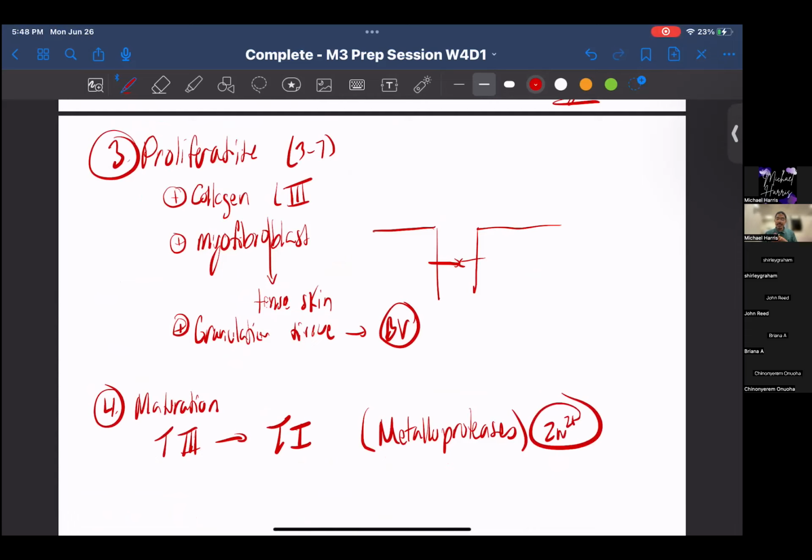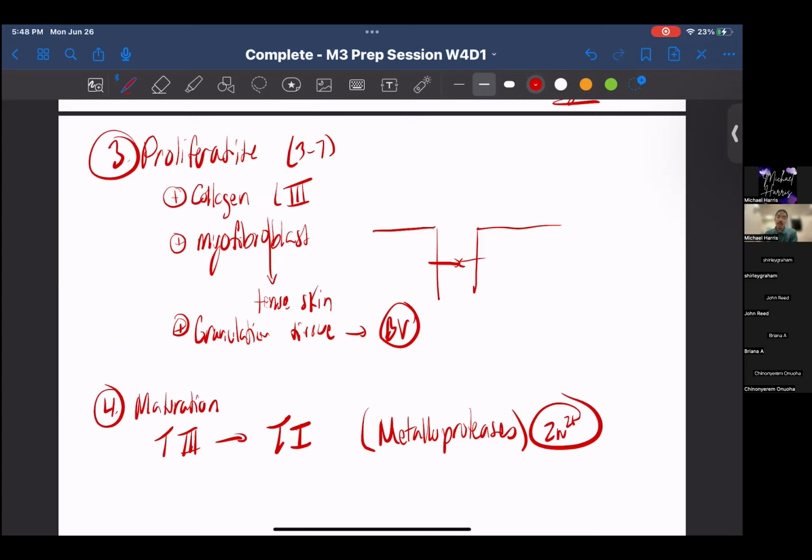These are the two things that affect your healing capacity from wounds or trauma. Zinc, with changing type 3 to type 1 and making it mature during the maturation stage, and vitamin C for laying down collagen in the first place.